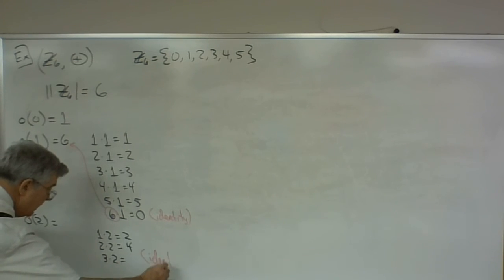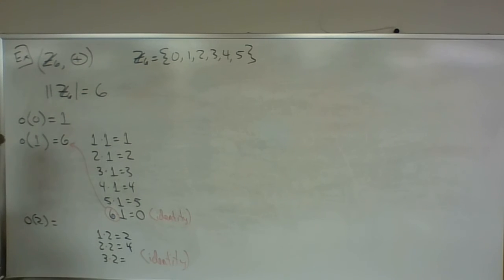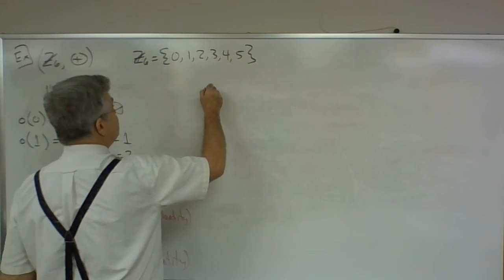So we got the identity. So the order of the element 2 is 3. 3 is the smallest natural number that we can multiply 2 by to get the identity. Well, we still have 3, 4, and 5, don't we? So let's go with 3.